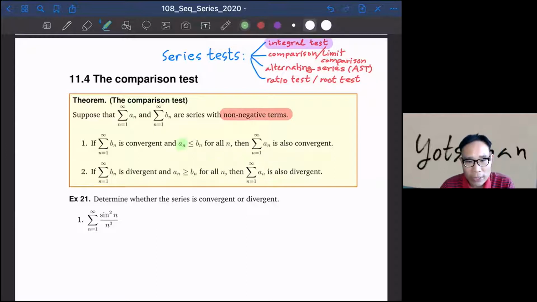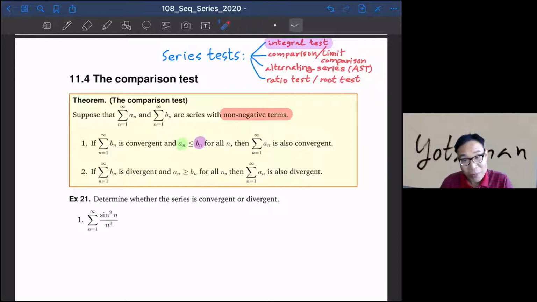If you would like to conclude that your series is convergent, you are going to find a larger series. So you have the series a_n and you are going to find a larger b_n. So b_n in this case is larger than a_n, and if the series of the larger term turns out to be convergent, the smaller one turns out to be convergent.